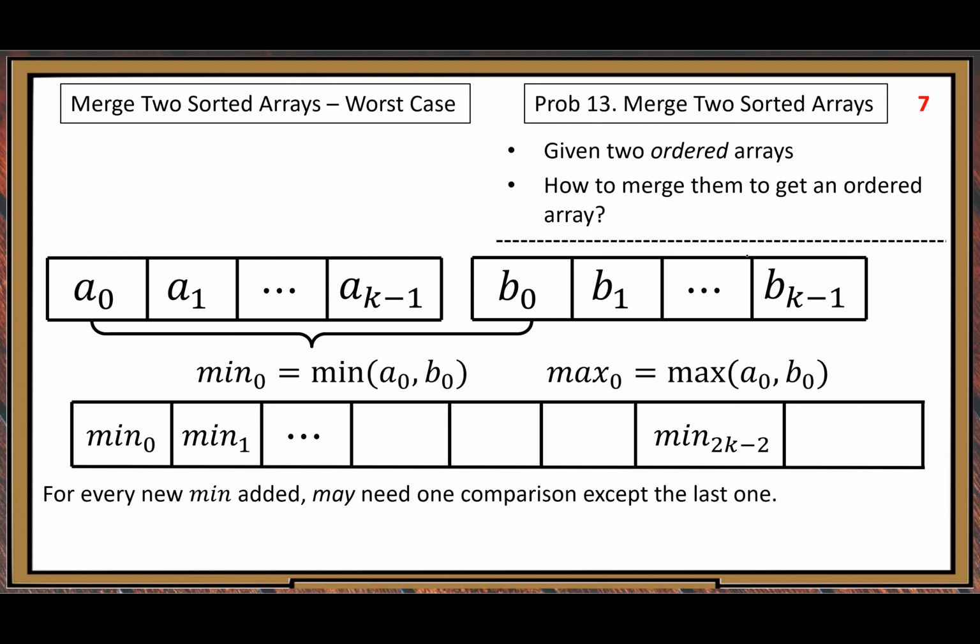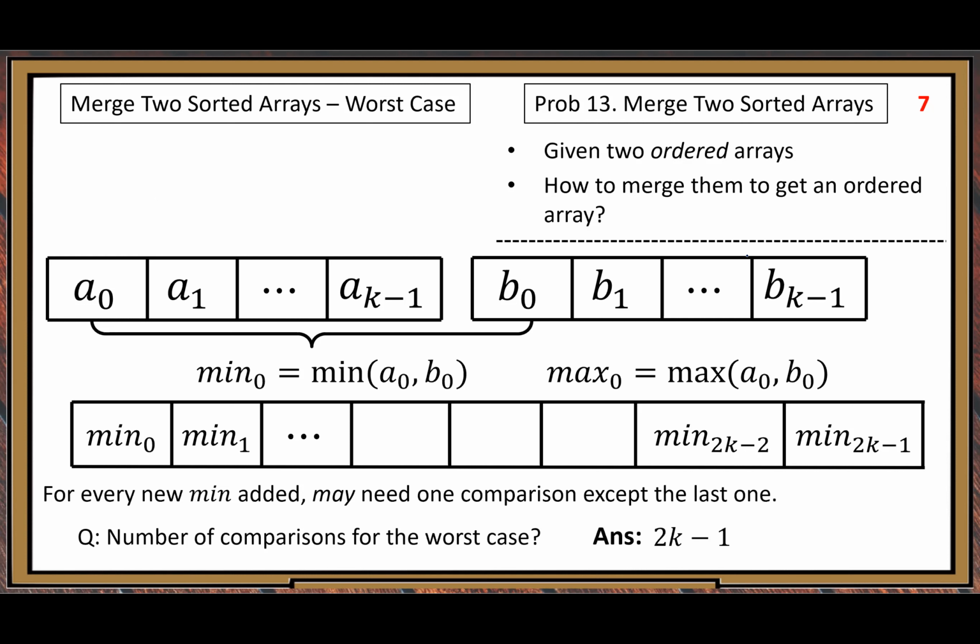So let's look at how many comparisons we need to merge these two ordered subarrays. Each comparison places one element in place, but for the last one, we do not need any comparison.